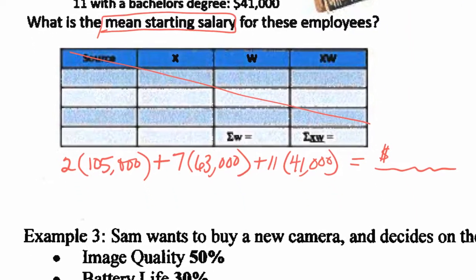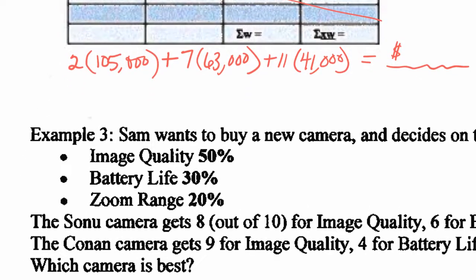So how do I get the average of that? Yeah, we're going to take that and divide it by how many salaries there are. And that will give us that overall average. Okay, so we're dividing by 20 to get the overall average. That's the basic format.